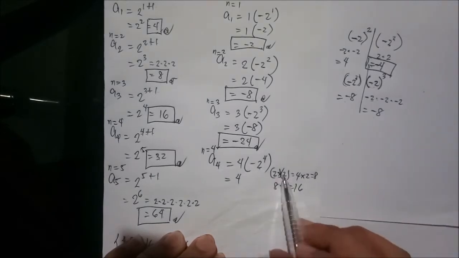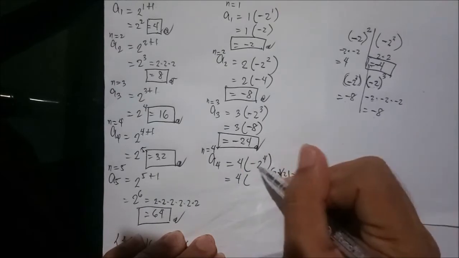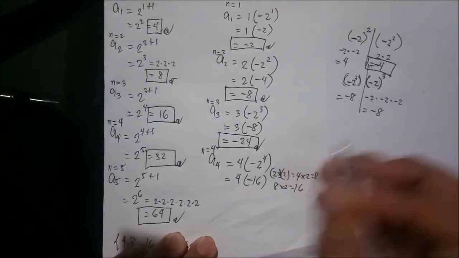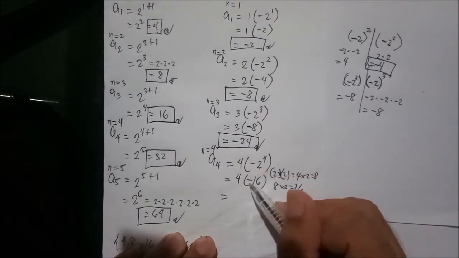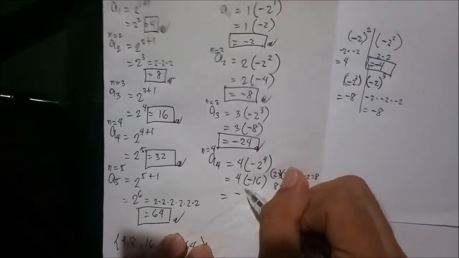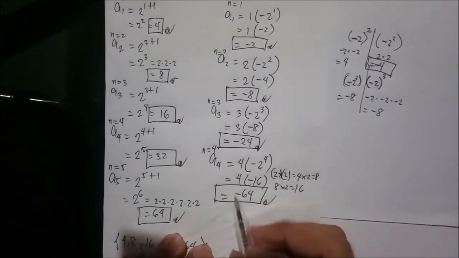How many 2s? 1, 2, 3, 4. So 16, so the answer is negative 16. So 4 times negative 16 is equal to negative 64. So the fourth term is negative 64.